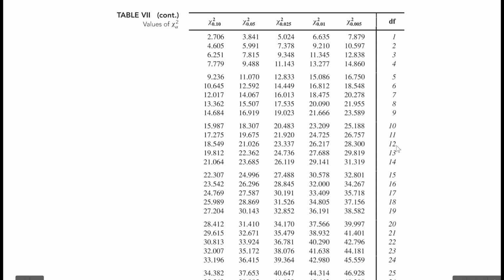So we find 12 on the degrees of freedom, and then we roll over here to 0.025, and we find 23.337. So the chi-square value that has the area of 0.025 to its right is going to be 23.337.